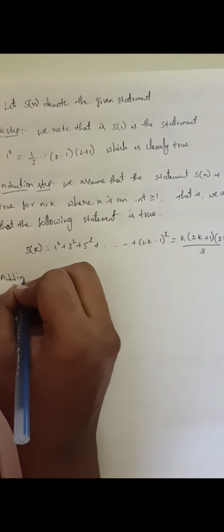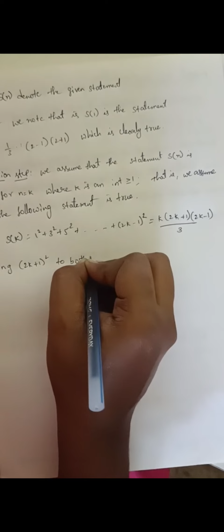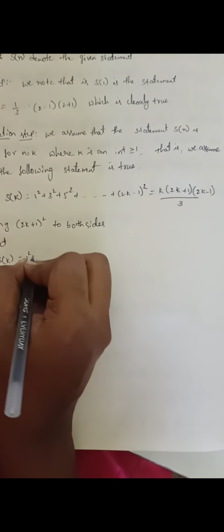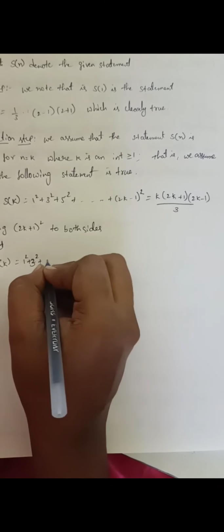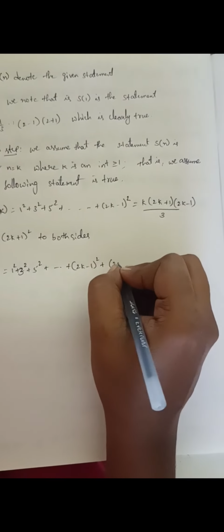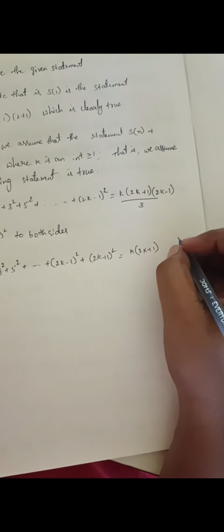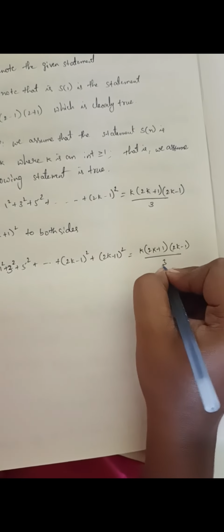Adding (2k plus 1) whole square to both sides, we get S of k equals 1 square plus 3 square plus 5 square up to so on plus (2k minus 1) whole square plus (2k plus 1) whole square is equal to k into (2k plus 1) into (2k minus 1) divided by 3 plus (2k plus 1) whole square.